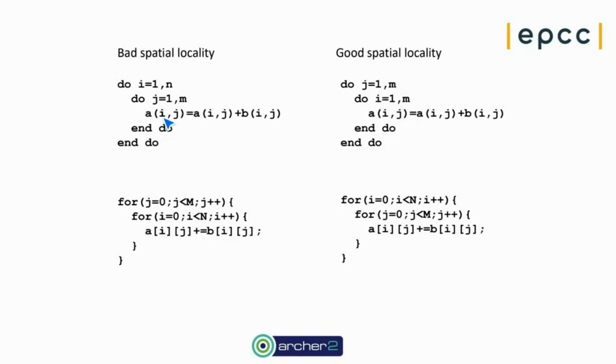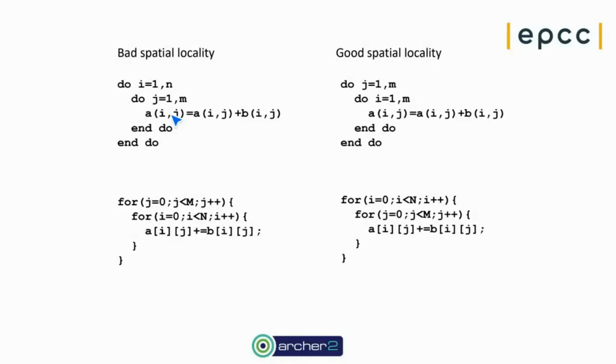So if the leftmost index is not the innermost loop index, then we can have bad spatial locality, because the accesses to A(I,J) and A(I,J+1) are not contiguous in memory.